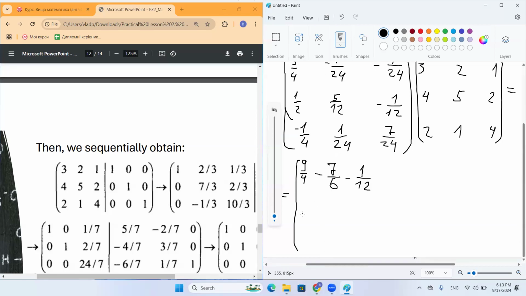So we have to get one here. 27. Oh yeah, so correct. Here 27 minus 14 minus 1, and it will be 12. So here is 1. It equals 1.